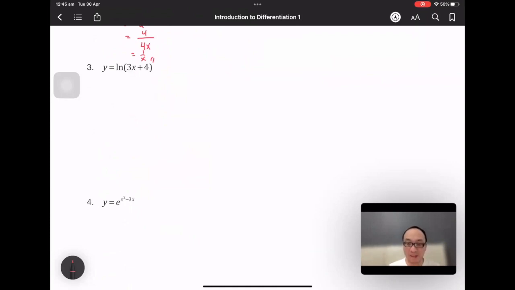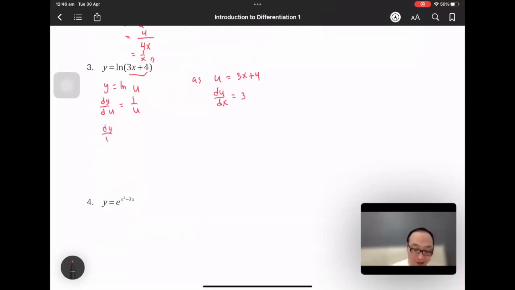Number 3. So the same, we can assume this as u. So y equals ln u, as u equals 3x plus 4. So again, we derive the function normally as 1 over u, and u is derived, du over dx equals 3.